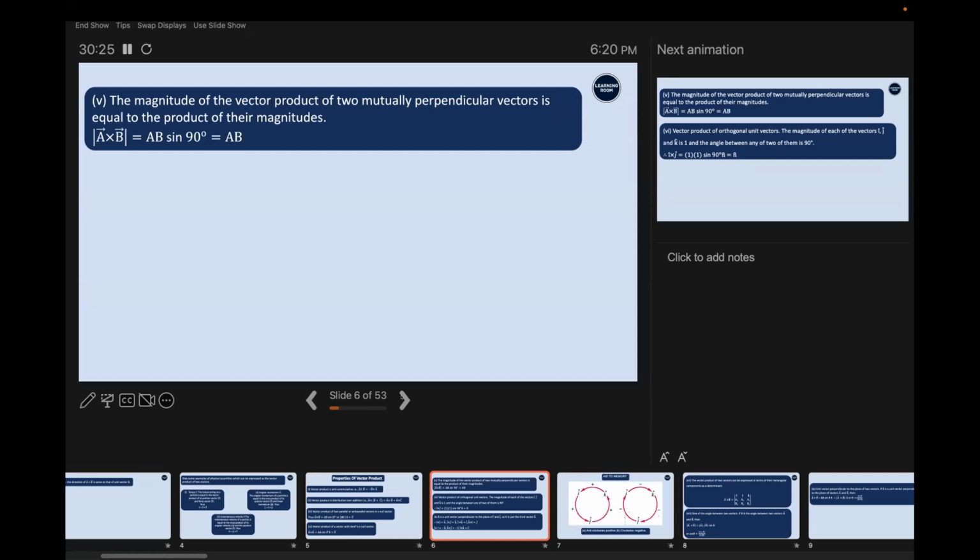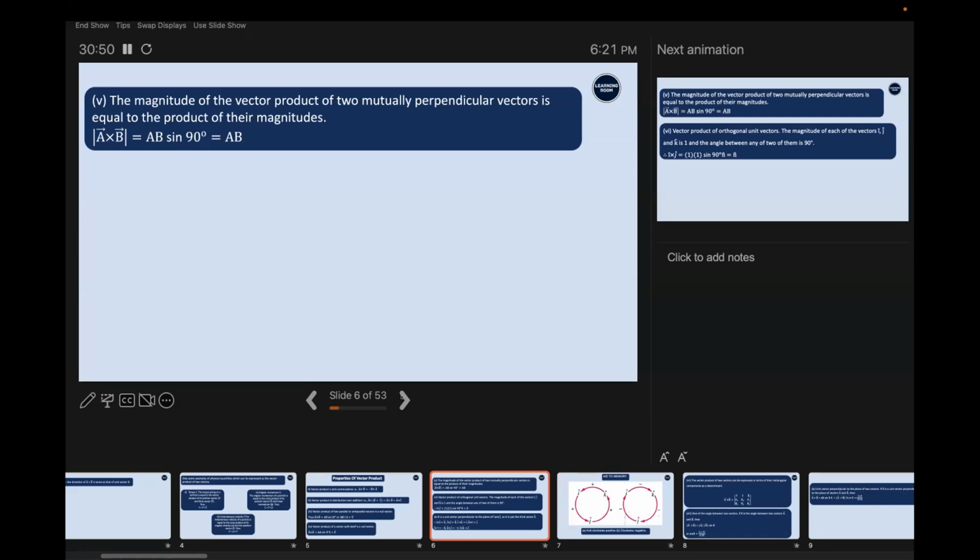Why is it so? Because when you do A vector cross B vector, you will get magnitude of A into magnitude of B into sine theta. In this scenario, what is the value of theta? 90. So what is sine 90 going to give us? 1. Right? And actually you're supposed to have an n cap. So you will have AB sine 90 n cap.